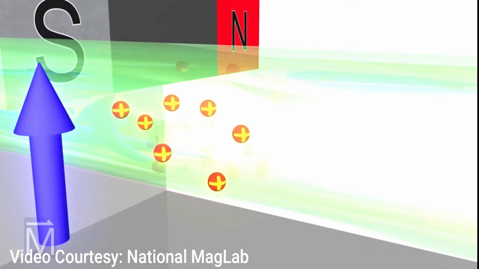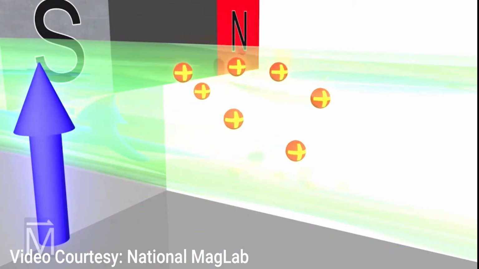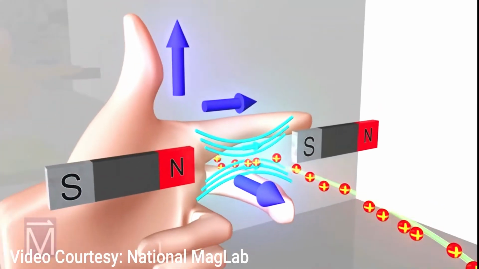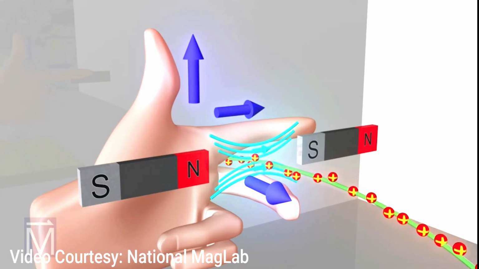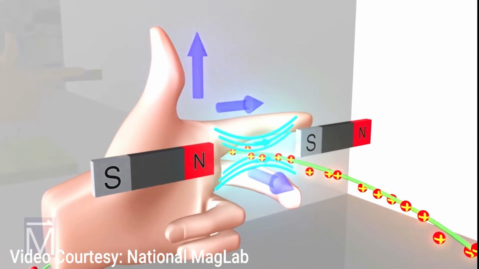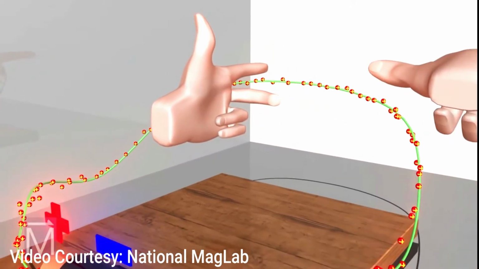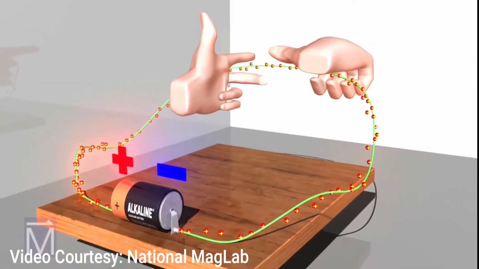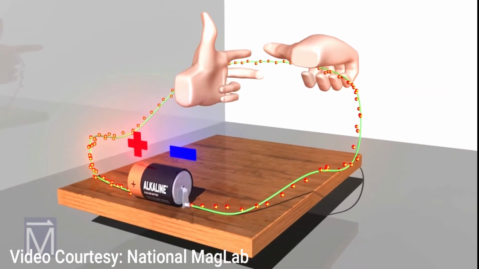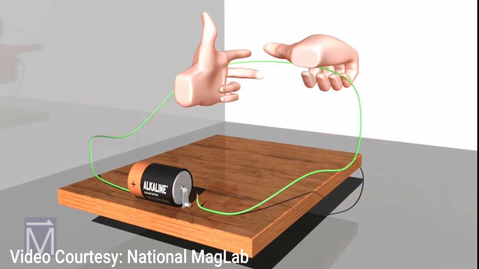Your thumb shows the direction of the force, called the Lorentz Force, exerted on the charged particles. This is known as the left hand rule. The right and left hand rules are two handy ways of better understanding the interplay between electric currents and magnetic fields.